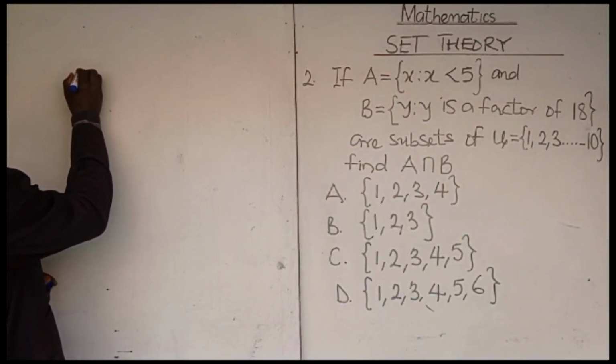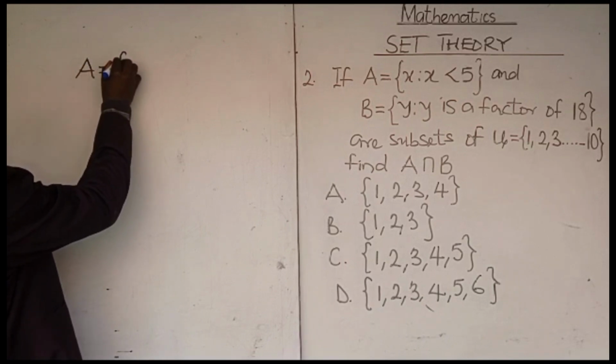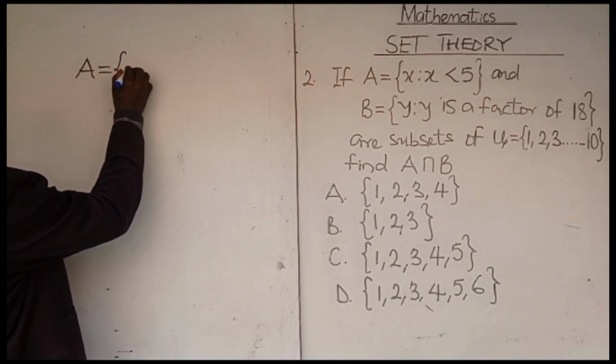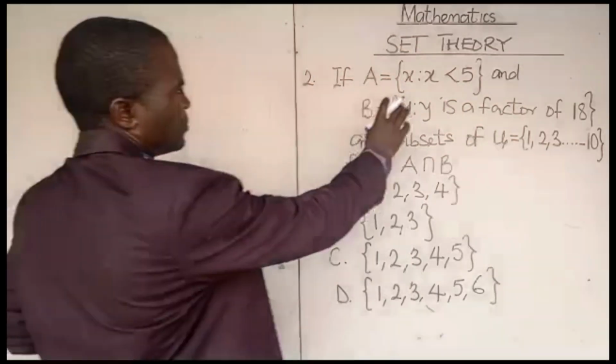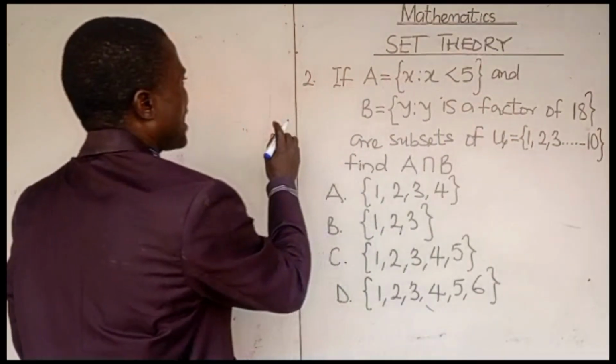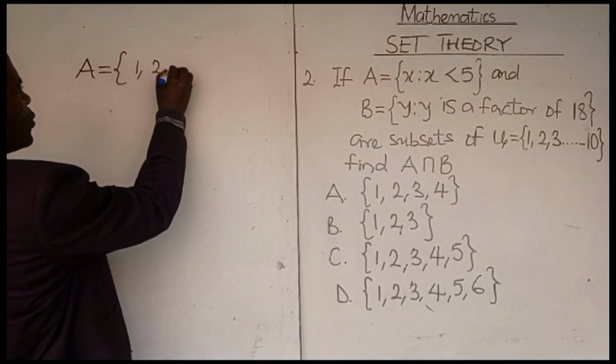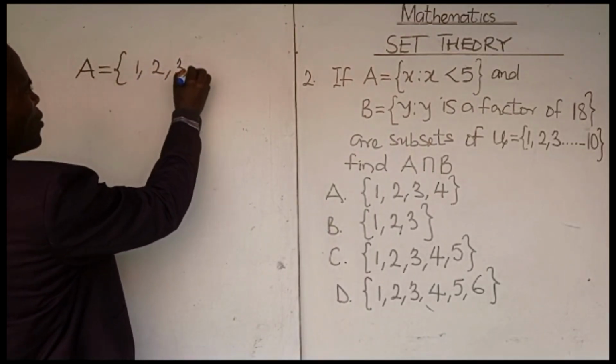First and foremost, subset A. Numbers that are less than 5, excluding 5 itself, they are 1, 2, 3, 4.